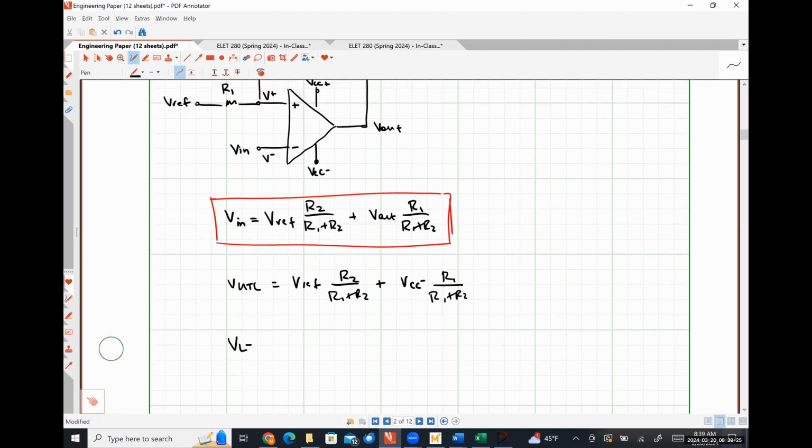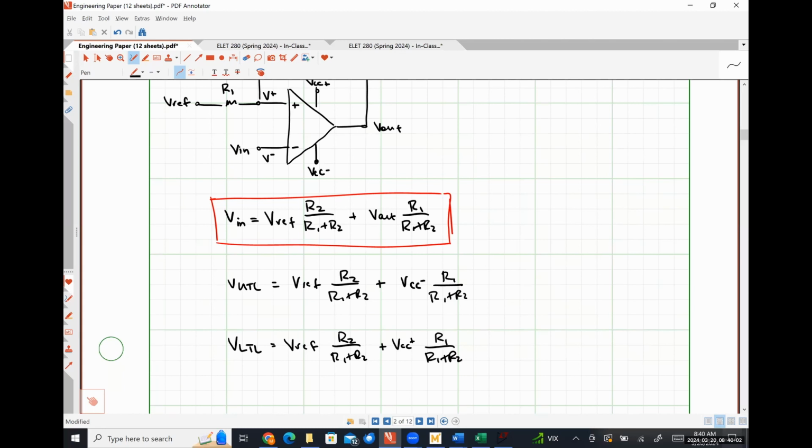Same thing for our lower trigger limit, VLTL: Vref R2 over R1 plus R2 plus VCC plus R1 over R1 plus R2. Definitions stay the same, but because we're using an inverting configuration, we're going to wind up with different trigger limits in this case.